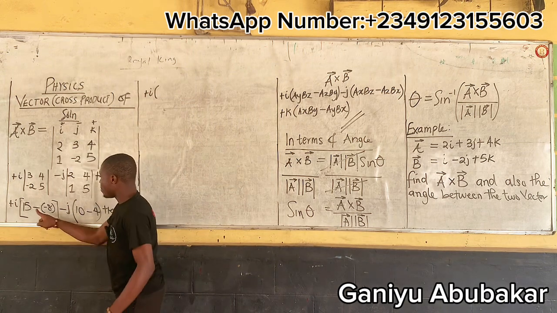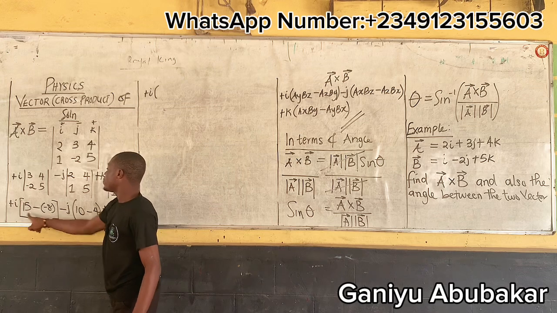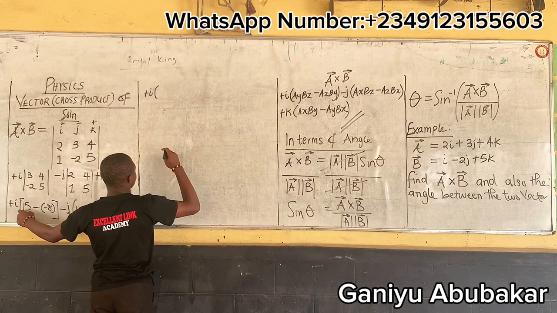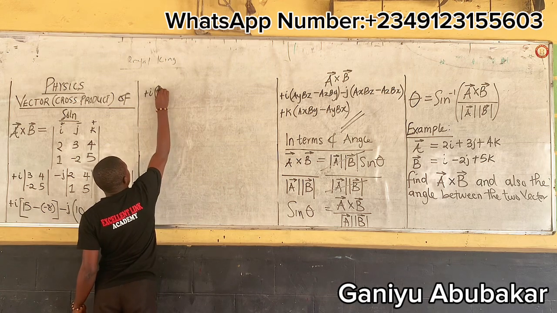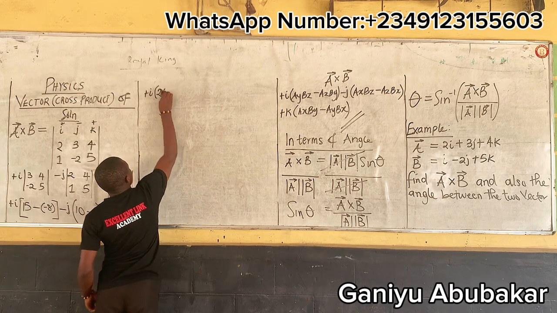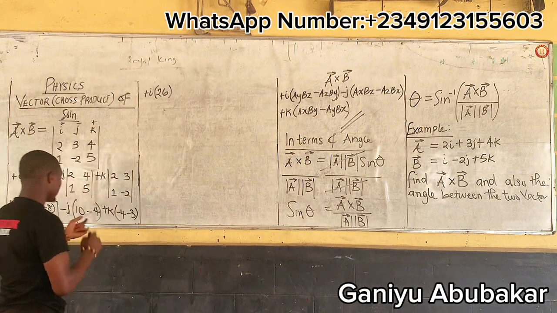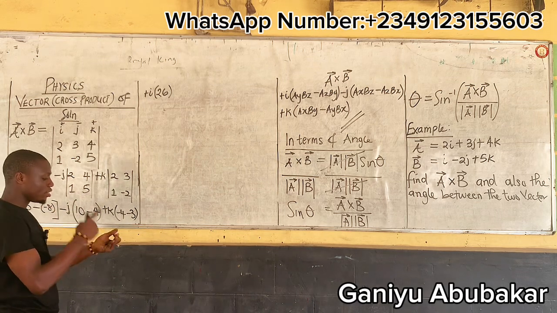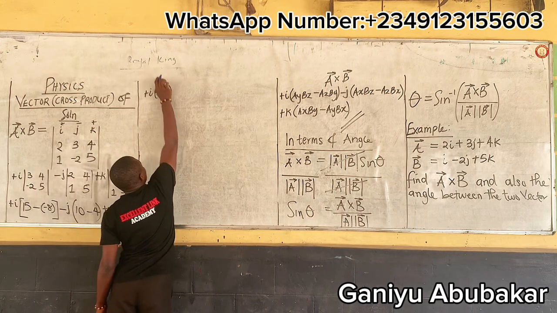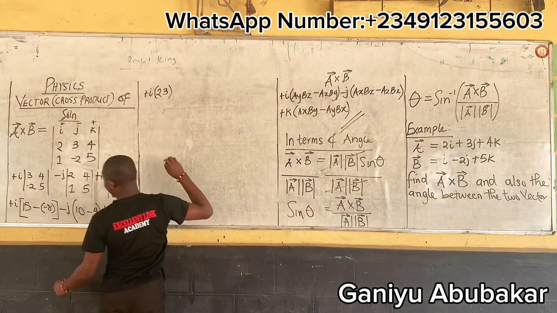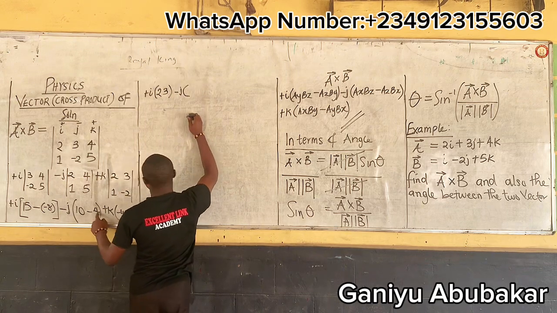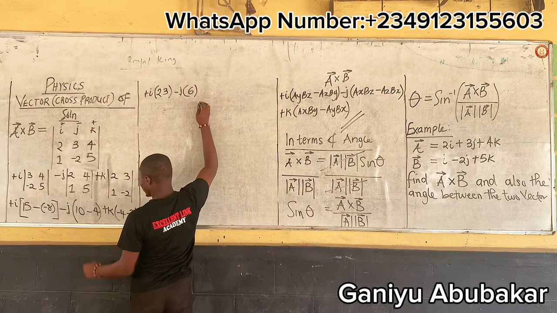Minus times minus is plus, so 15 plus 8 is 23. Next, minus j times 6.